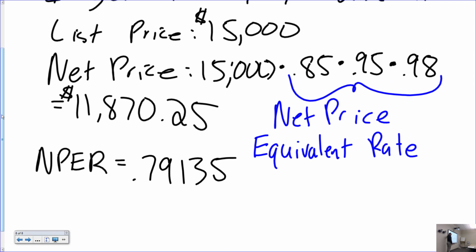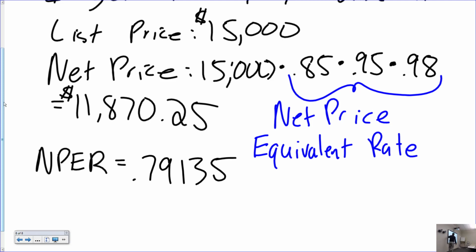It's just a number that you can use so that you can work with a single digit instead of a product of 3, 4, or 5 different numbers, right? So if there were a whole bunch of trade discounts up inside that chain, you might want to just multiply them all out and get one number to work with at a later date, okay? Because you may have multiple invoices with the exact same trade discount, so you want to calculate this value one time and then just work with it there forward. Perfectly okay sort of thing to do, all right?